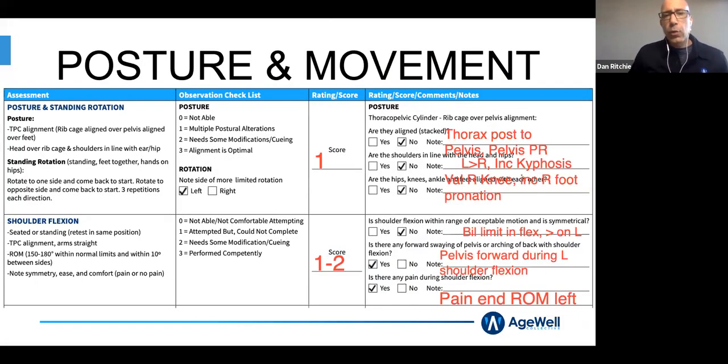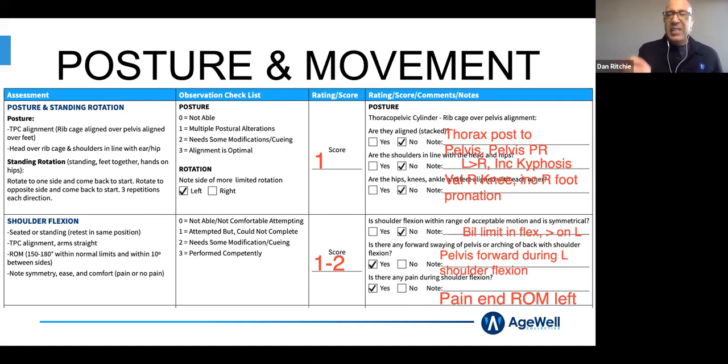Now, we've introduced you to the Age Well Collective assessment process, or the battery. The couple of assessments that I contributed to our overall assessment are posture, the overall alignment, as well as standing rotation, because that looks at how well your client can rotate the full body, how well their hips are rotating.